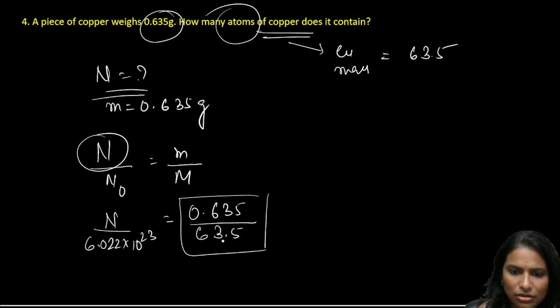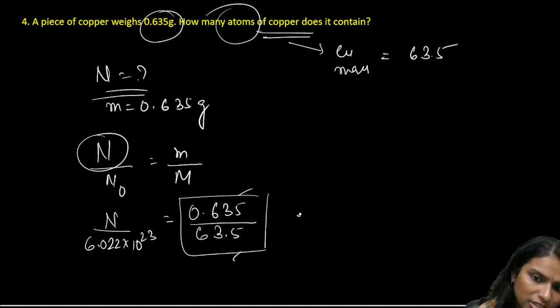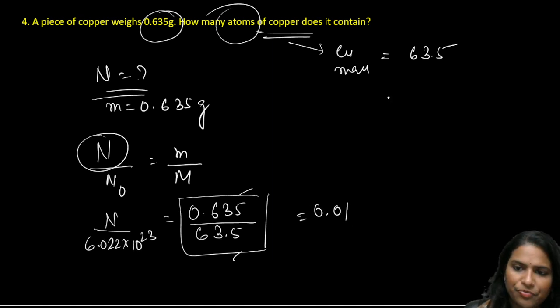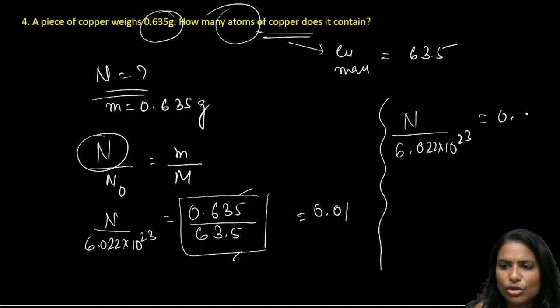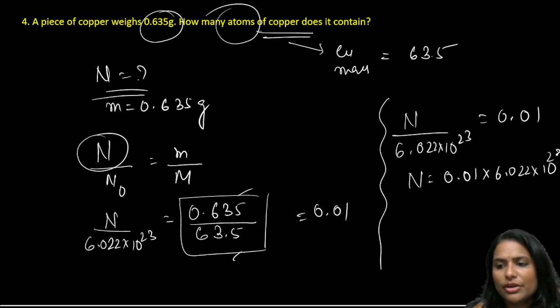To make your calculation easier, you can divide these values, 0.635 by 63.5, and it will be 0.01, right? So capital N upon 6.022 into 10 to the power 23 equals 0.01. Capital N equals 0.01 into 6.022 into 10 to the power 23.